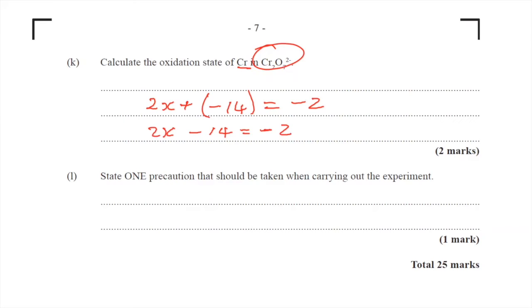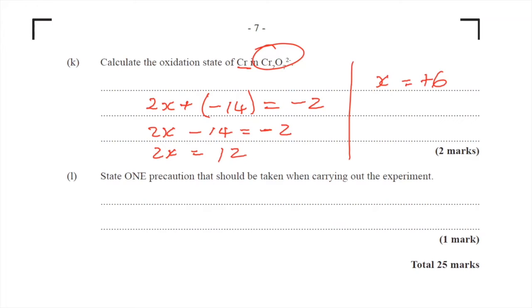We end up with 2x is equal to -2 plus 14, which on the right side gives us 12. -14 plus 14 on the left side gives us 0. So we're left with 2x is equal to 12. If 2x is equal to 12, then x is equal to 6, not just 6, but positive 6, plus 6. That's the oxidation state.